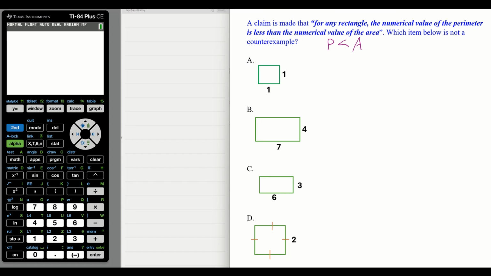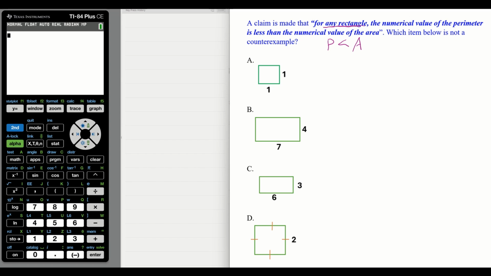The first one has all the sides equal to 1. You can tell that that's a square. However, we need to think. It says any rectangle. Is a square a rectangle? Yes. But is a rectangle a square?